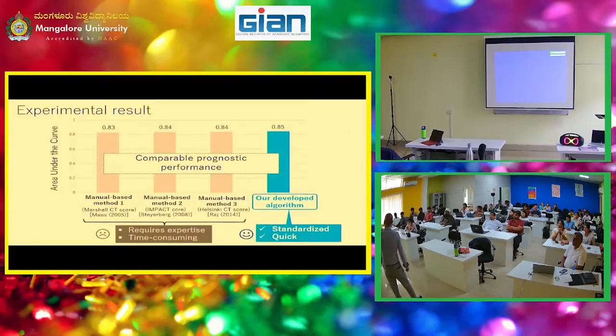Okay, so what are our results? When we did all this, we were comparing to the Marshall score, the IMPACT Core score, and the Helsinki score. These are all scores that do the same thing, which is prognosticate at 6 months. And we created an algorithm that matched them. It says it's better, 0.85.